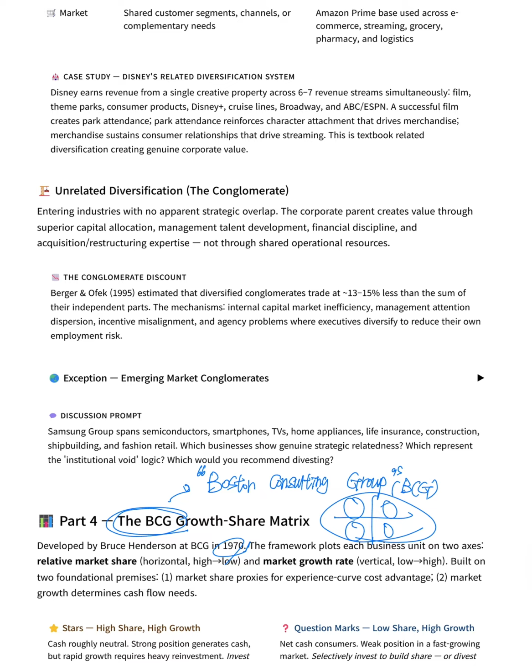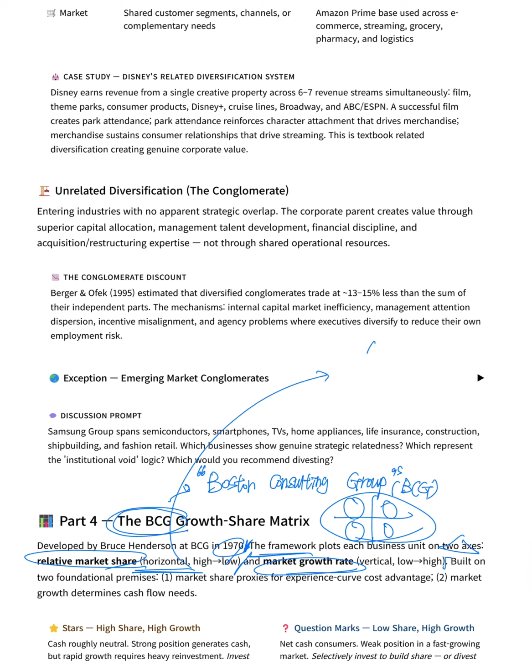Okay, so we go back to the screen. I explained already, so let's read together. The framework plots each business unit on two axes. Relative market share is horizontal, high and low. The market growth rate is vertical, low and high.